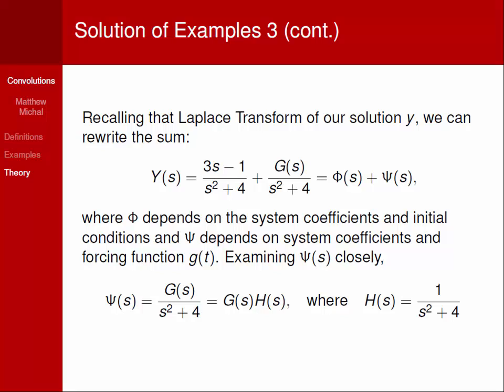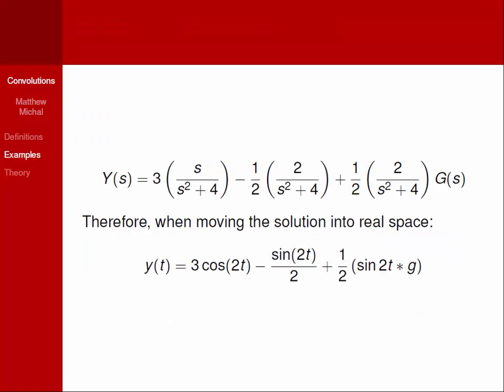And when I took the inverse Laplace transform of that, I ended up getting a little h(t), which was 1/2 sine of 2t. Remember, that showed up earlier as the thing I was convolving, right? 1/2 sine of 2t.